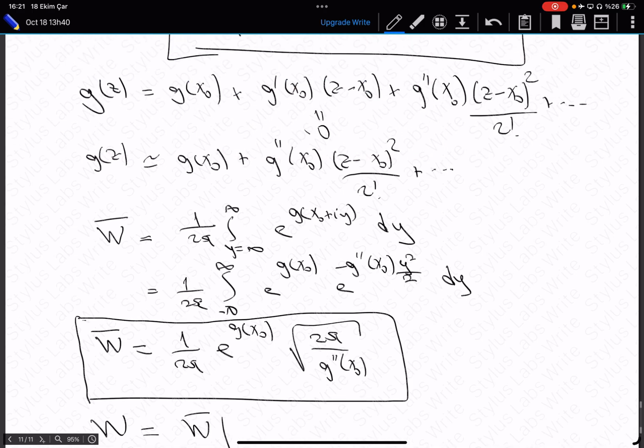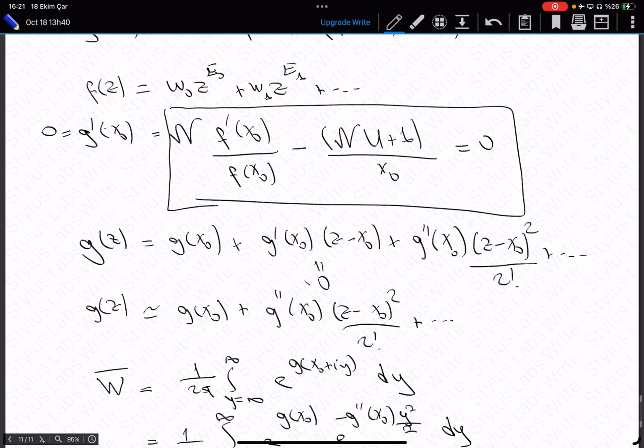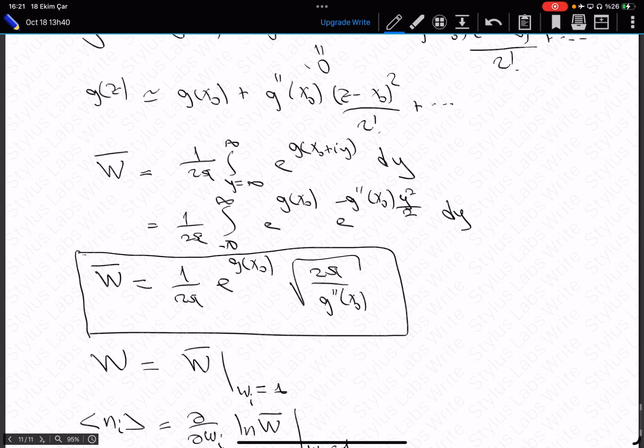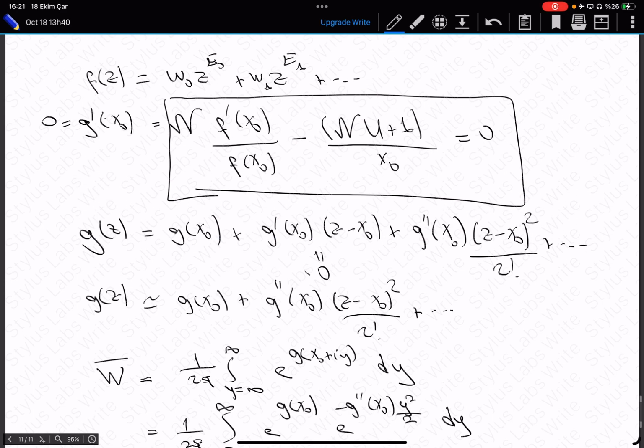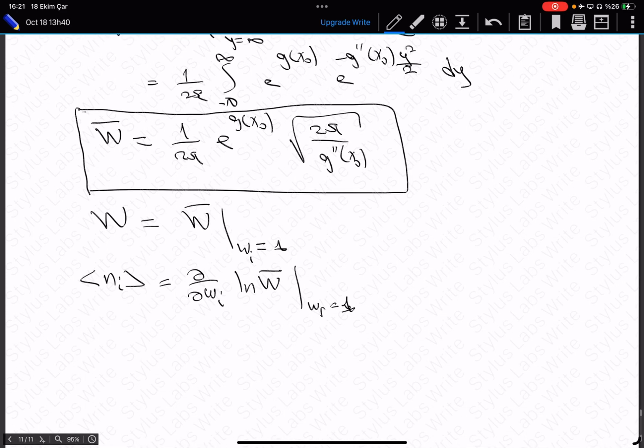So, let's see. Now, I need the logarithm of omega bar.